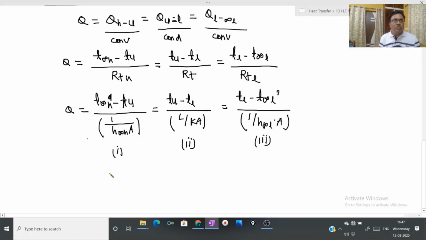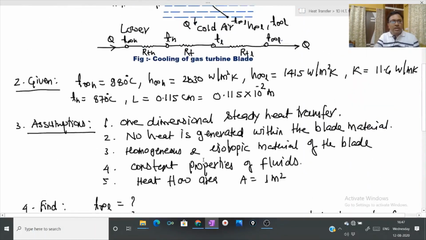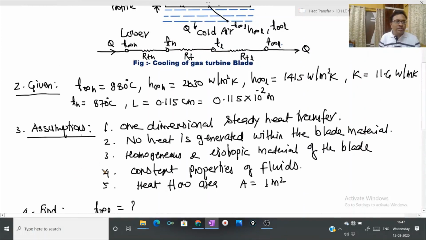Okay, so if we see the parameters enlisted in the given values, I have been given T infinity H temperature, then the upper surface temperature of the blade material, and both the convective heat transfer coefficient, K, and L values are given to us.